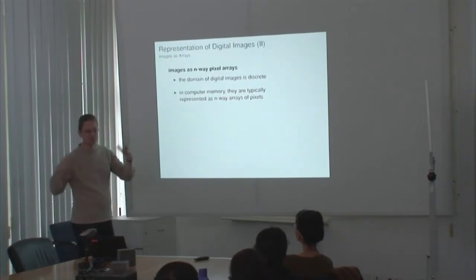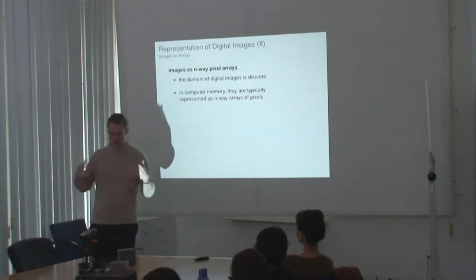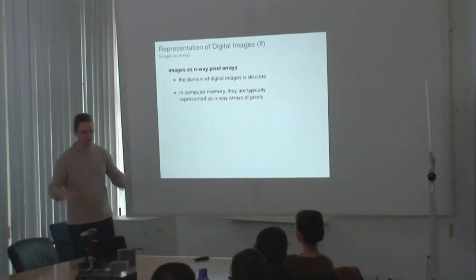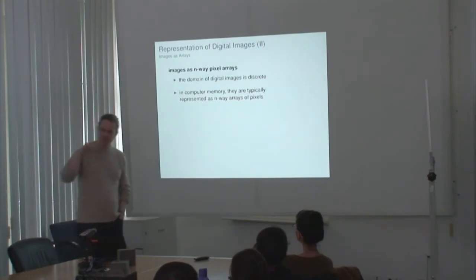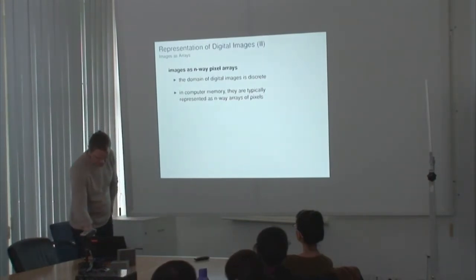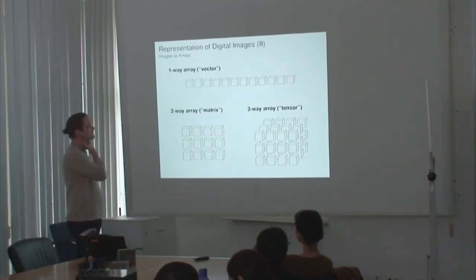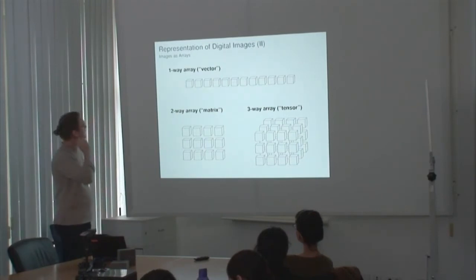I already said that the domain of a digital image is discrete, and so therefore it is rather straightforward to represent digital images in the memory of your computer or your camera in terms of arrays. And by n-way arrays, I refer to the fact that there are different kinds of arrays.